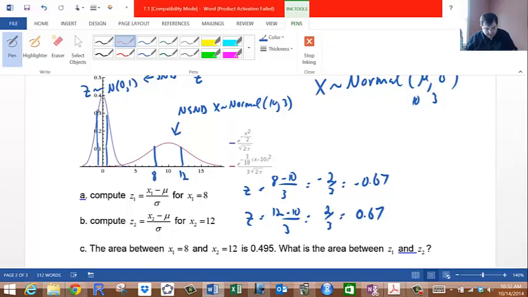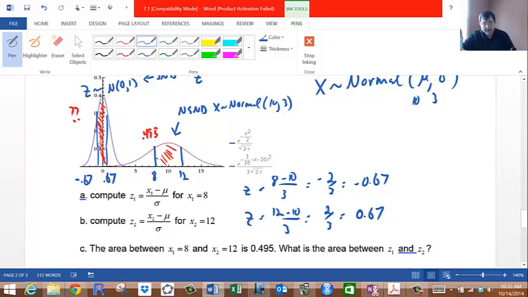What we want to do is notice this area here in between these two lines. The area between 8 and 12 is 0.495. So the question mark is, what's the area in between minus 0.67 and positive 0.67?